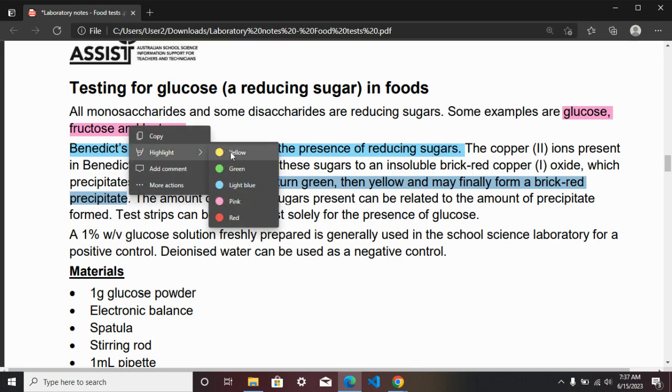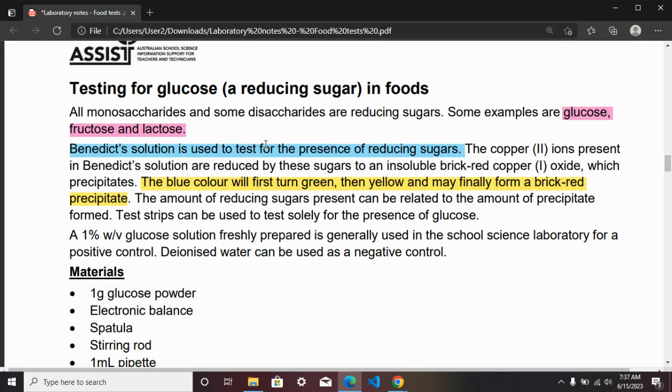It means Benedict's solution naturally contains copper(II) ions. Those copper(II) ions, when they are reduced by reducing sugars like glucose, fructose, or lactose, change color from green to yellow to brick red. So the observation you'll have is that the blue color will change to green, then yellow, and then a brick red precipitate.